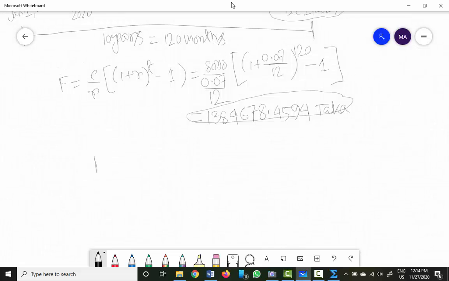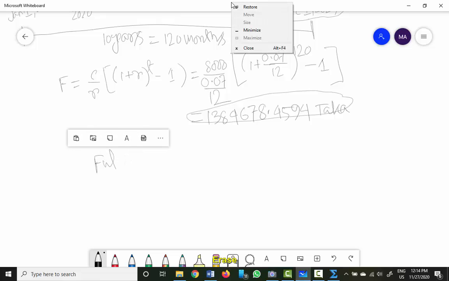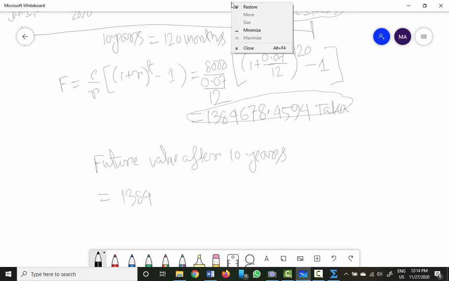So the future value after 10 years will be this amount, 1384678.4594, multiplied by 1 plus r, where r is 0.07 divided by 12.